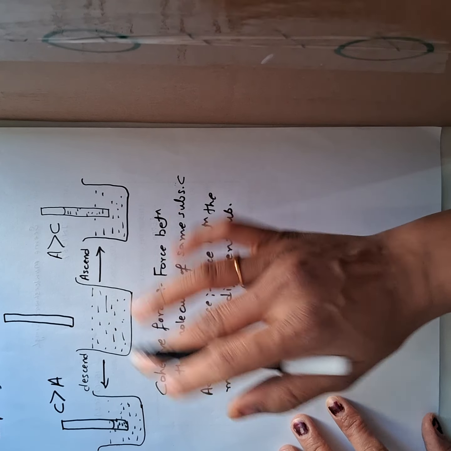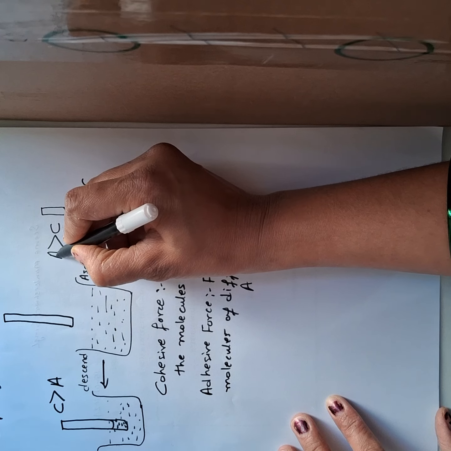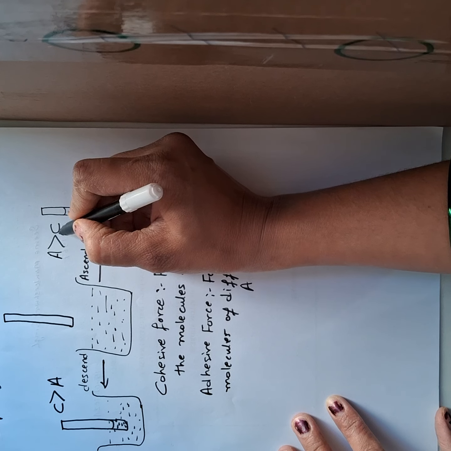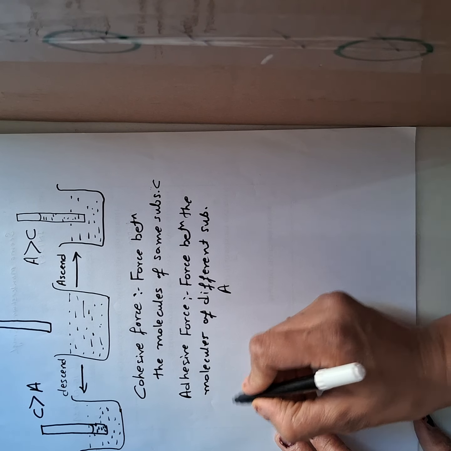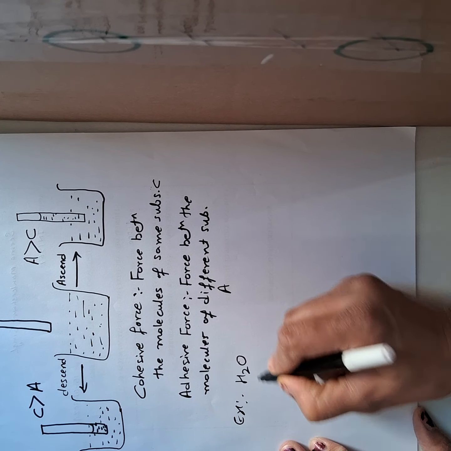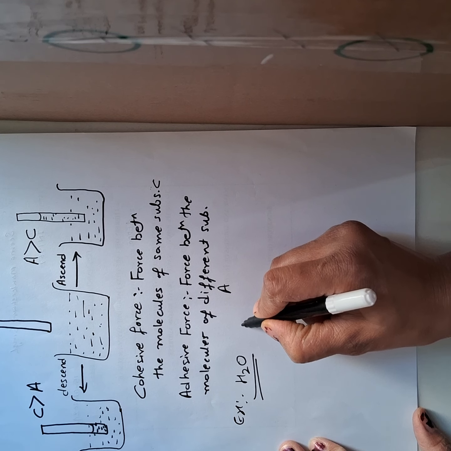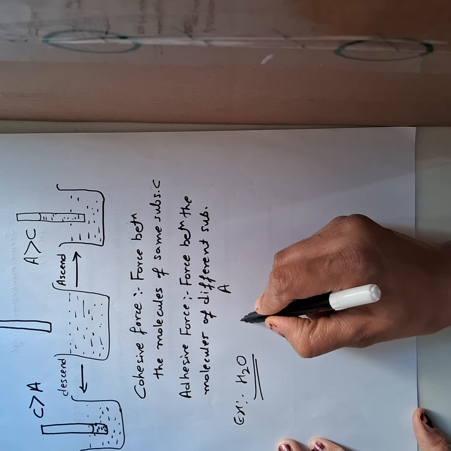So we need to understand what happens. There are two examples where the adhesive force is stronger than the cohesive force and where the cohesive force is stronger than the adhesive force. What are the examples? Water. In water, the cohesive force between the water molecules is lesser.